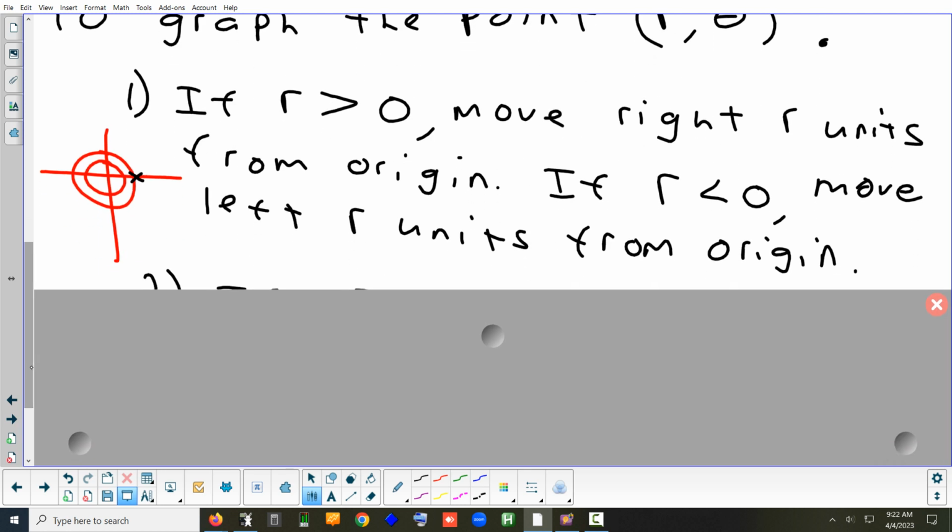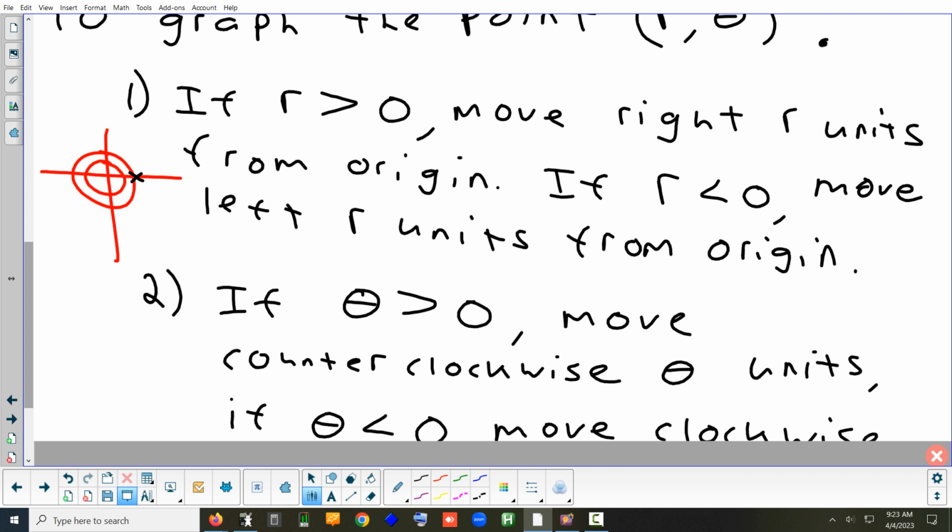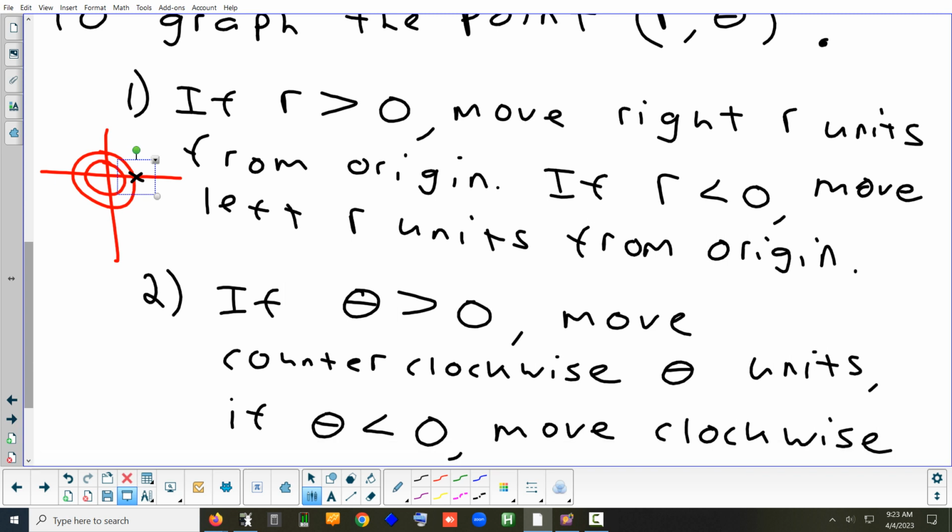Rotation would be measured either clockwise or counterclockwise. If your angle is positive, you're going to rotate in a counterclockwise direction after you do step 1. If your angle is negative, you're going to rotate in a clockwise direction after you do step 1.